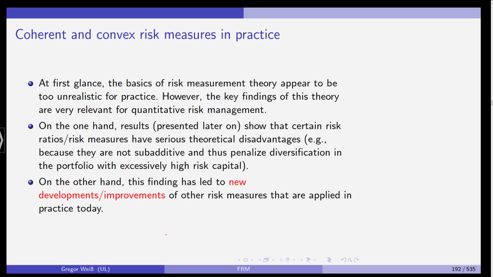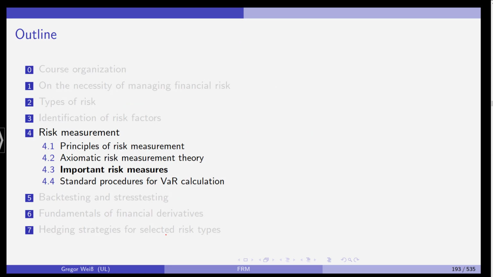On the other hand, this also led to the development or improvement of other risk measures, and they are all used in practice, so it's good to keep in mind those shortcomings and disadvantages of those risk metrics.